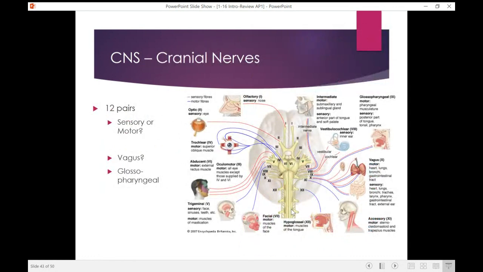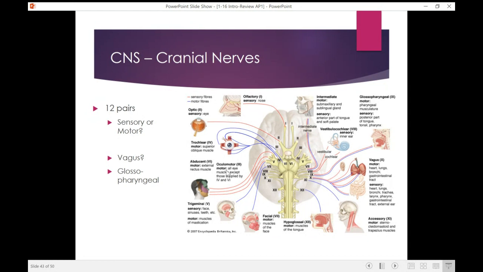Okay. Remember, we have our 12 pairs of cranial nerves. Okay. Here's that olfactory for nose. It's a sensory nerve. It's for the sense of smell. Here's the optic, which is for eyes. Okay. Here is our oculomotor for all of our eye muscles, except for those supplied by our 4 and our 6. Okay.